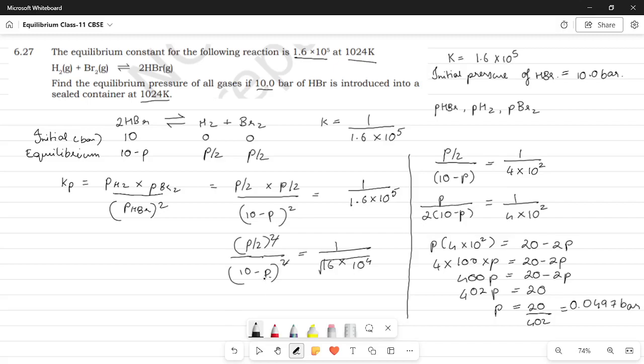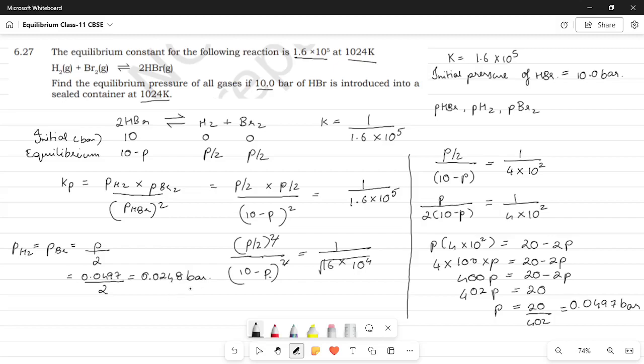Now that's not all. We have to find out the equilibrium pressure of all the gases. So at equilibrium, we know PH2 equals PBr2, which is equal to P divided by 2. So that will be equal to 0.0497 by 2, which is equal to 0.0248 bar.